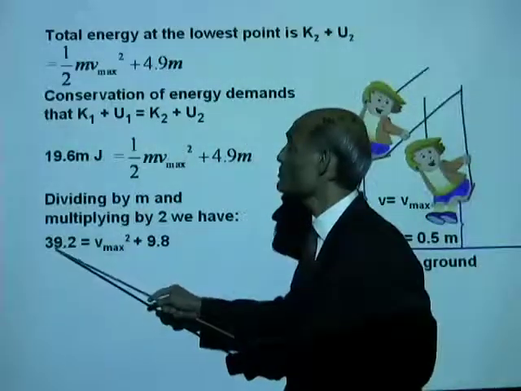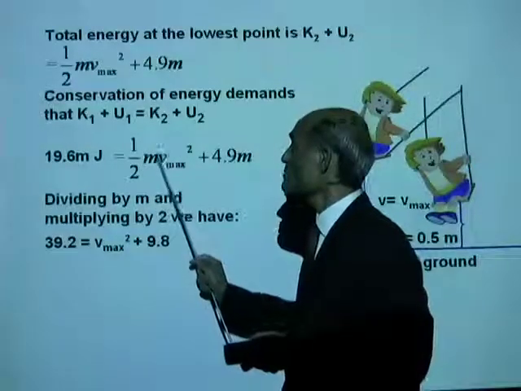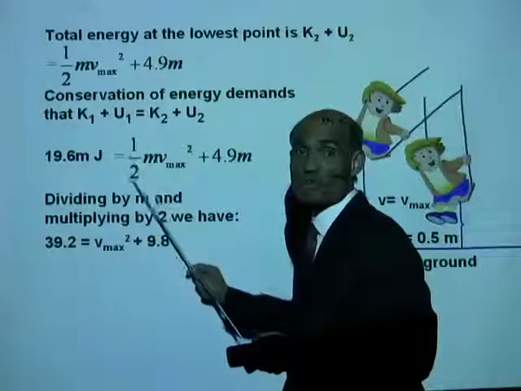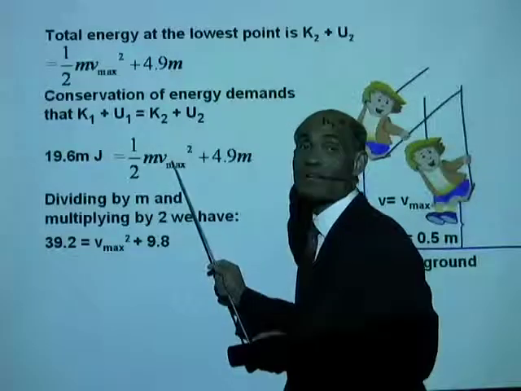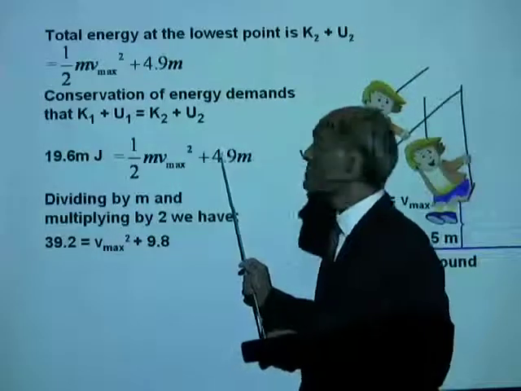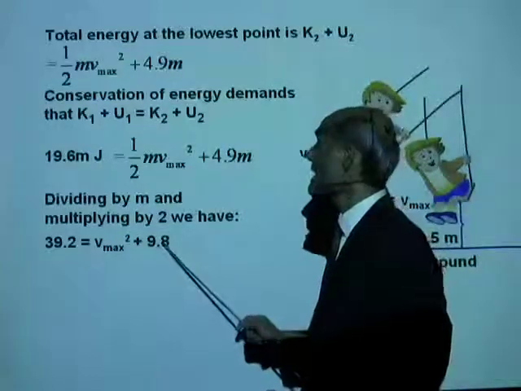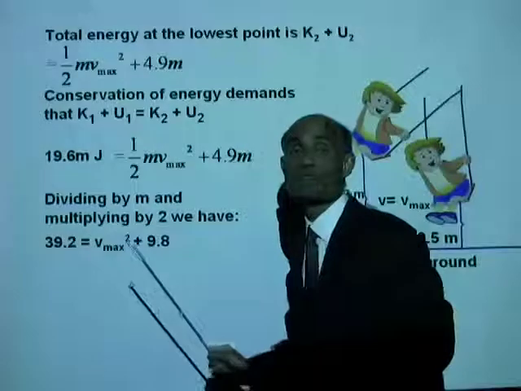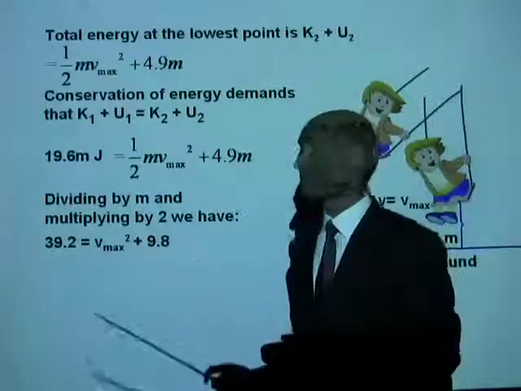19.6 times 2 is 39.2. Multiplying this term by 2 and dividing by m, m will go, 2 will also go. That will be only V max squared left there. And dividing by m and multiplying by 2, this will become 9.8. So 39.2 equals V max squared plus 9.8.